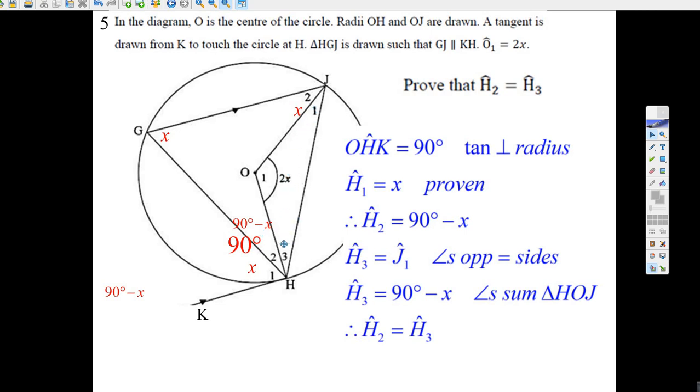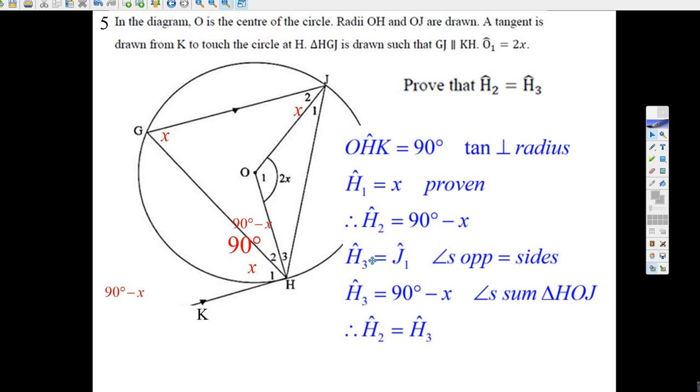I don't know what those two angles are, but I know that these two sides are equal, so these two angles equal each other. So H3 must equal this one, must be like 2H3. And I know if I add it to 2x, it must equal 180 degrees.